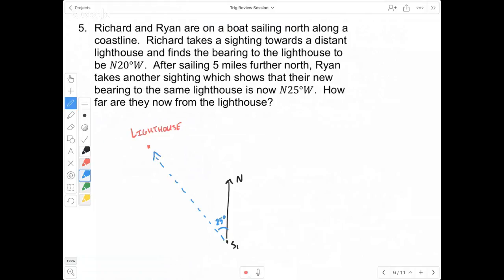And then they go further north, 5 miles. Oh, no, the first one was north 20 degrees west. Sorry. North 20 degrees west. And then they go 5 miles further north, and they take another sighting at this point, sighting 2. And, well, it's a curvy sighting.